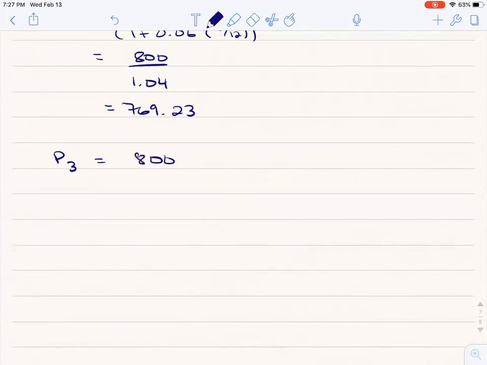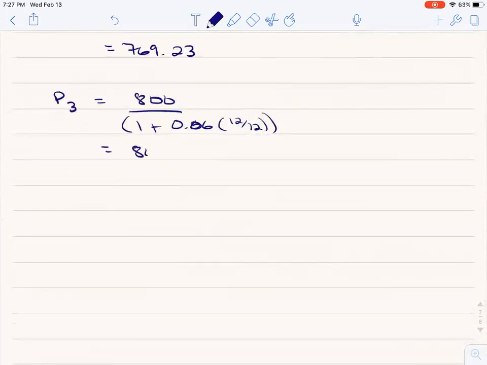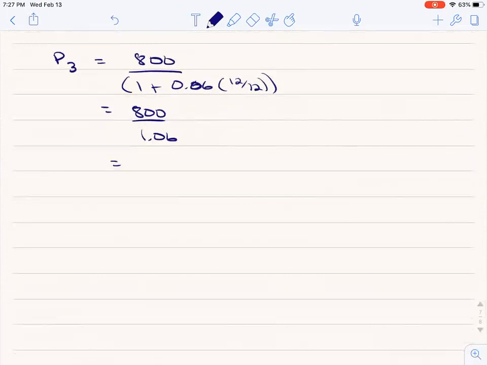P3 is 800 over 1 plus 0.06, times 12 over 12. 800 over 1.06, 754.72.